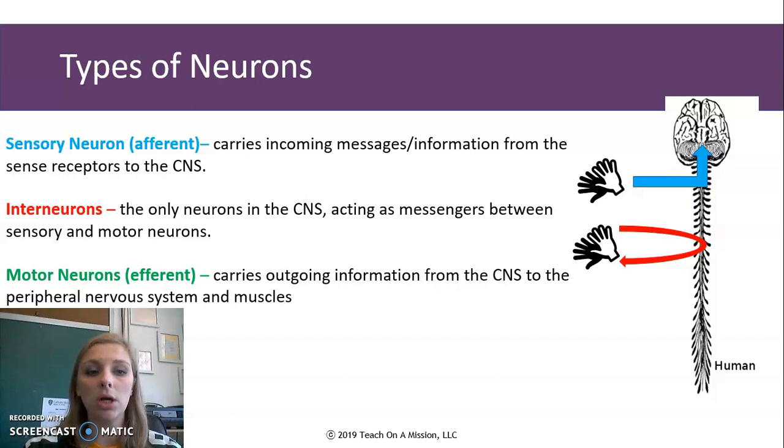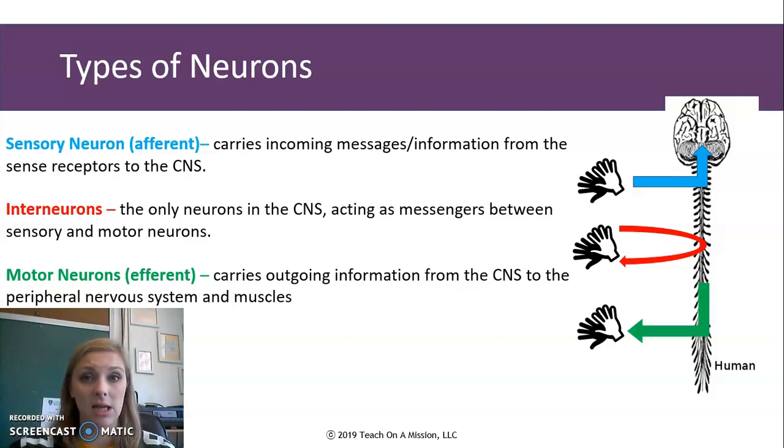Okay? Let's talk a little bit though about reflexes and how those work, because sometimes when you put your hand on the stove, your body's going to react before you even feel the pain. Okay? That's a reflex. That is an evolutionary advantage for us to have that.